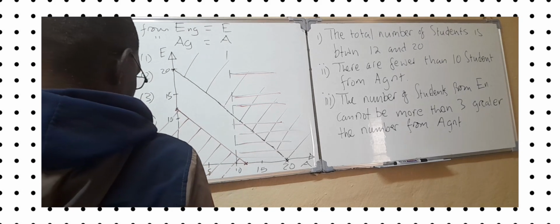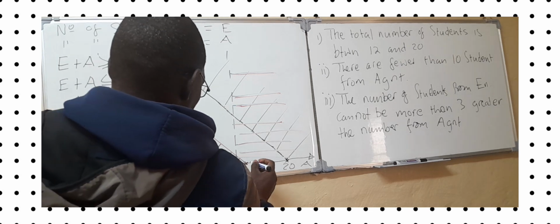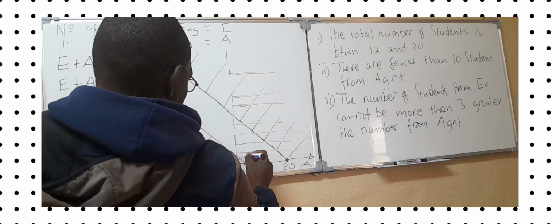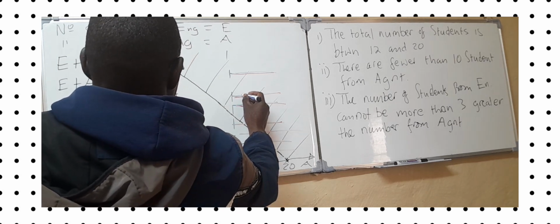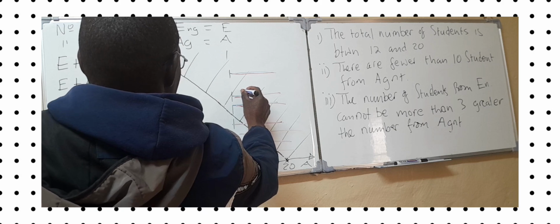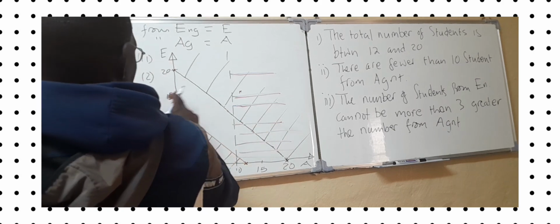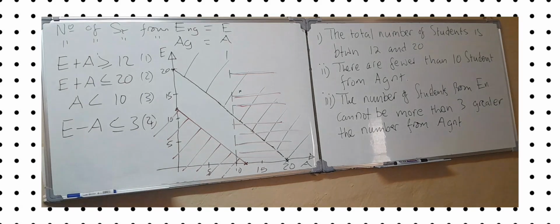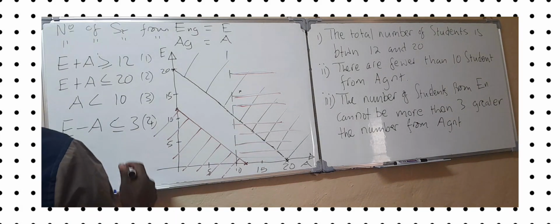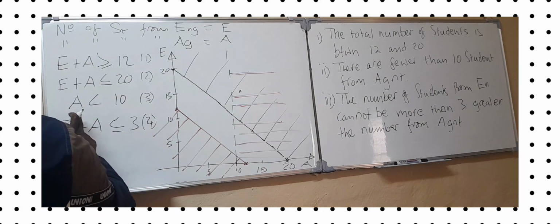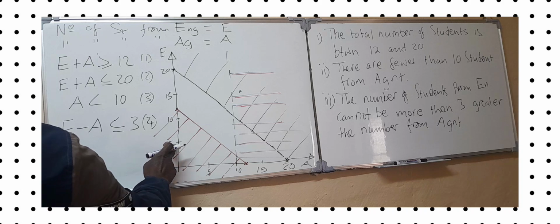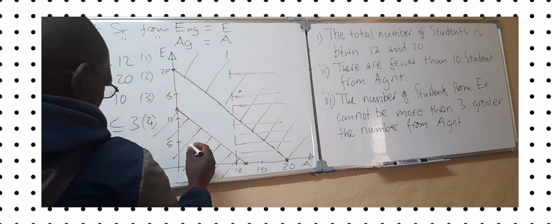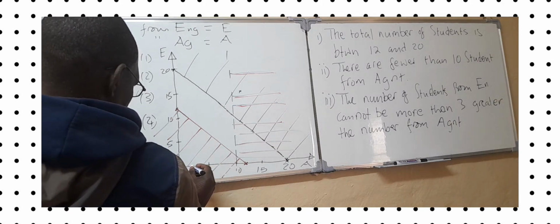So our point will be, where is 12? 12 is somewhere there. So my point will be there somewhere, okay? Representing 15 and 12. Let's get another point. E is 10 or E is 5. When E is 5, what is A? A will be 2. So A will be 2, which is here somewhere.